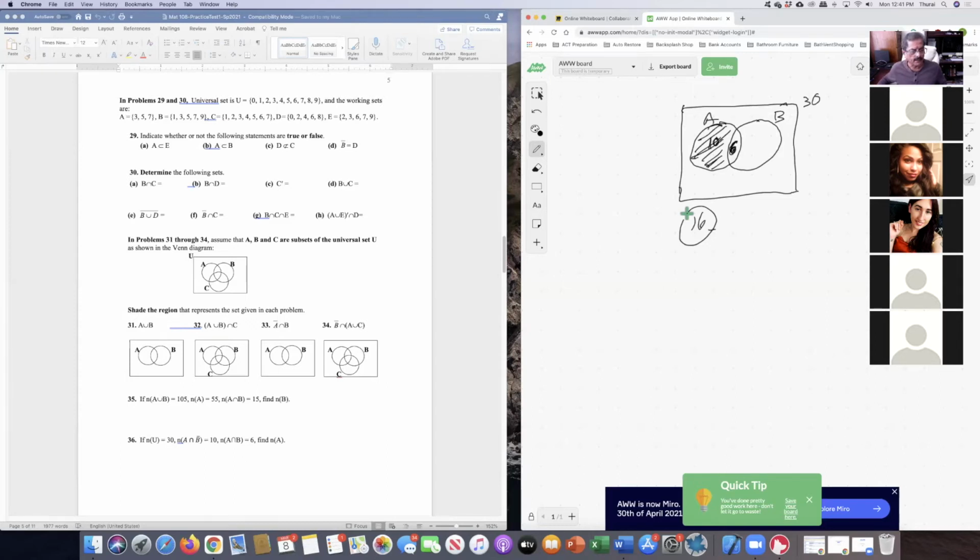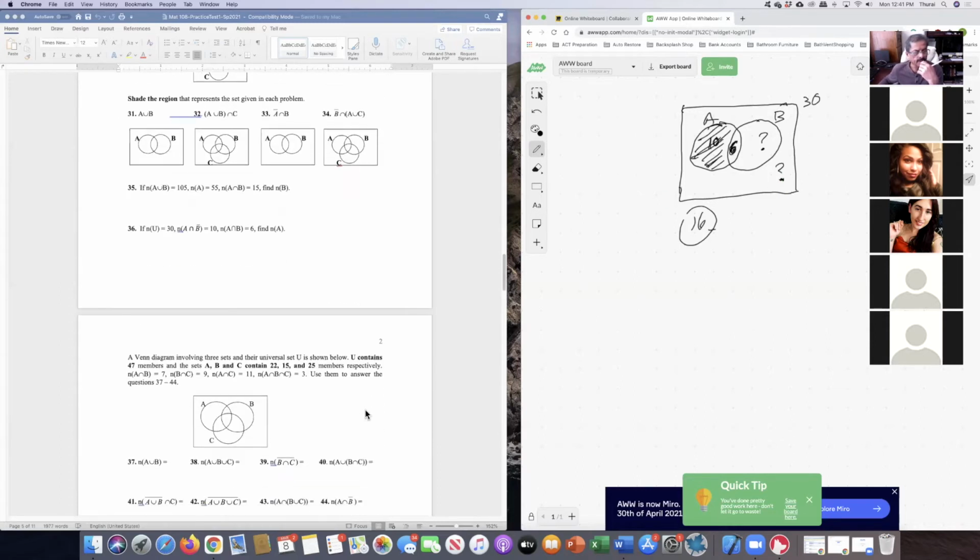We cannot find count of B if they ask for it, because they didn't give us enough information. There are 2 pieces missing. This is unknown and the outside is unknown. So there is not enough information to find B, but we can find count of A, which is the question, and that's 16. So that finishes that.